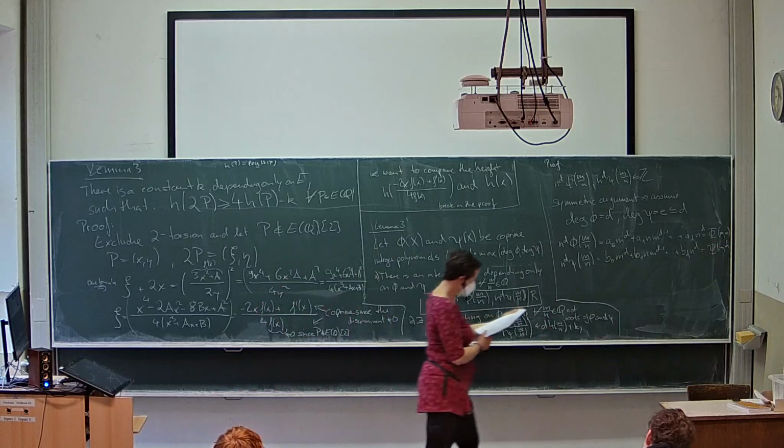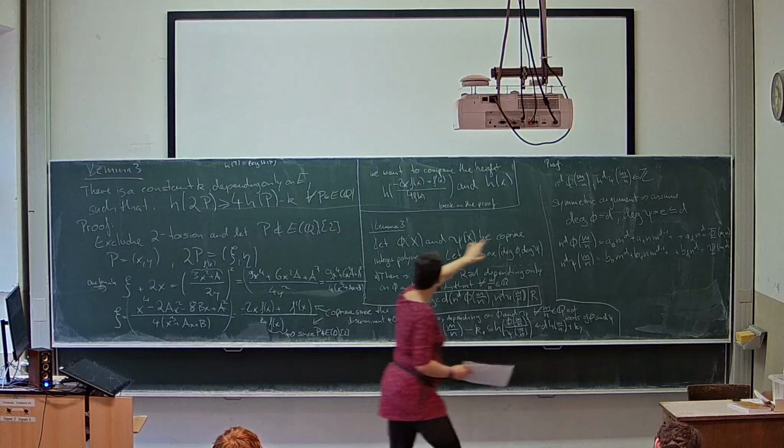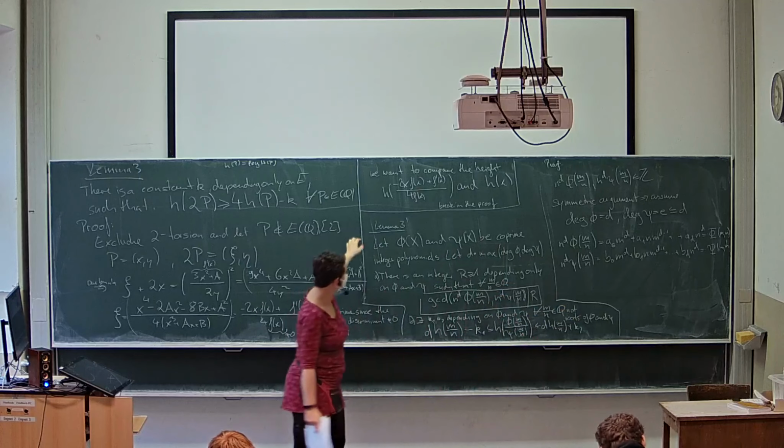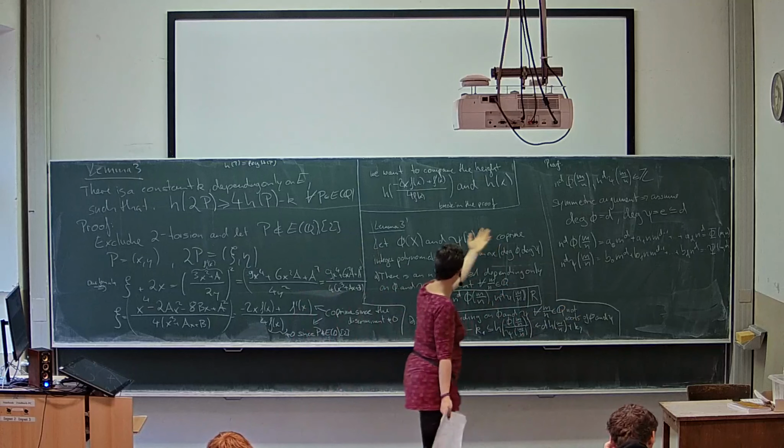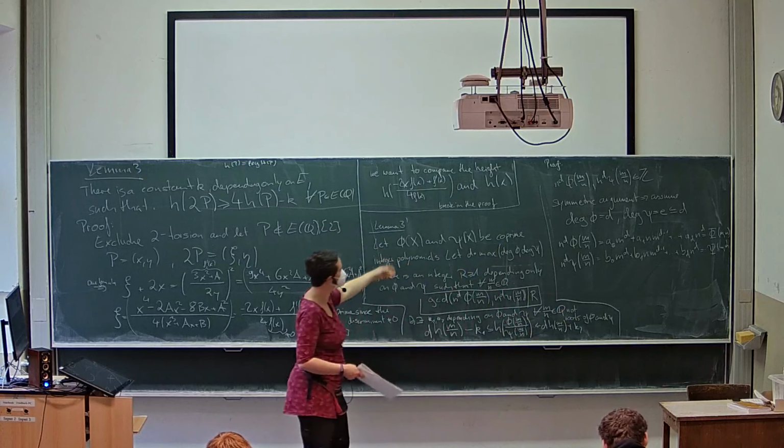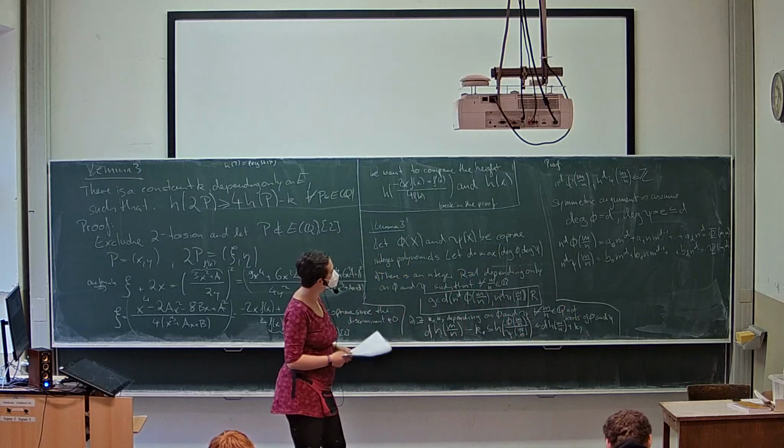Okay, so we have as a condition that they are coprime. So coprime with polynomials means that they have no common root.